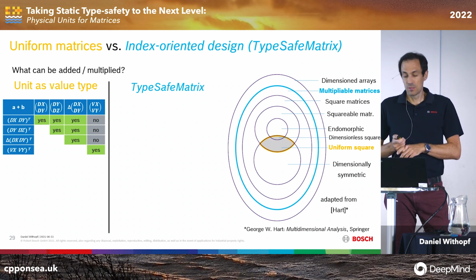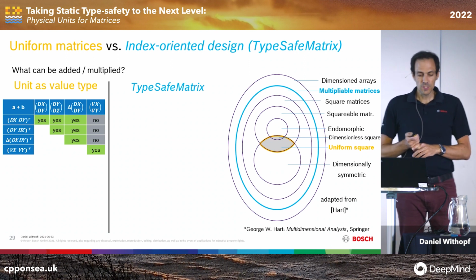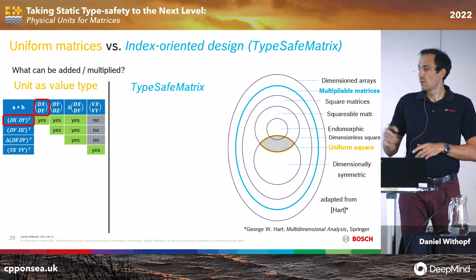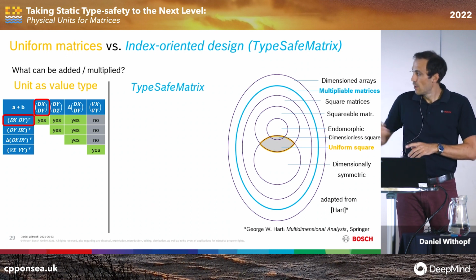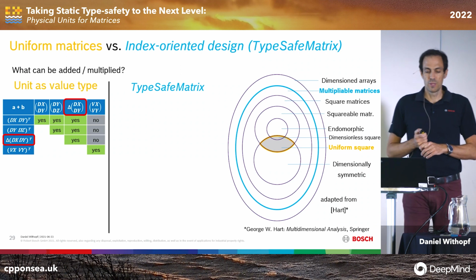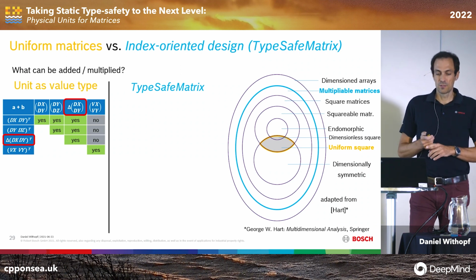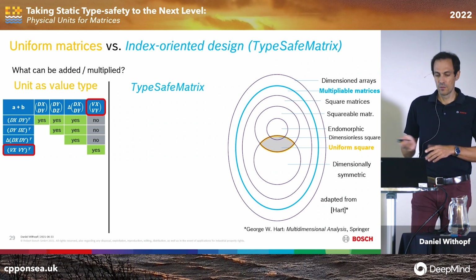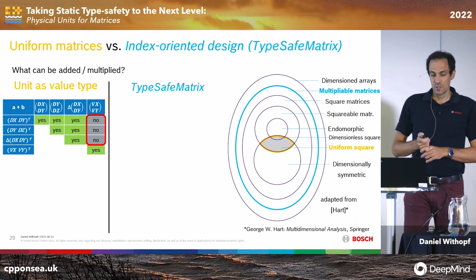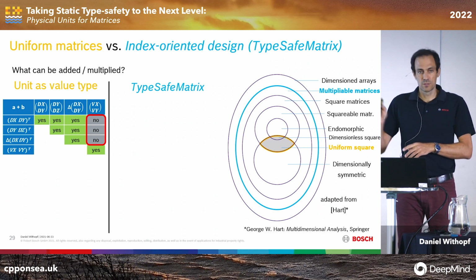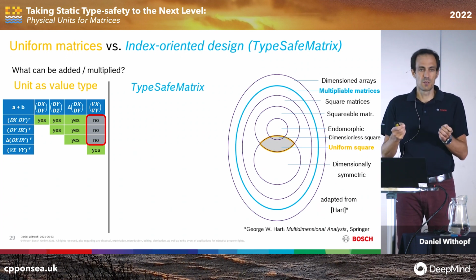Here, the table on the left-hand side shows the addition of two vectors, A and B, and we are looking at different options. The first row and column is an XY position vector, the second one a YZ position vector, then we have an XY displacement vector, and a velocity vector, X and Y. With a unit as value type approach, you can see that all the operations are valid except the last column where the physical units do not match up.